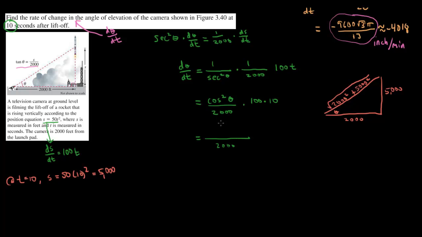Cosine is adjacent, which is 2,000, over the hypotenuse, which is the square root of 2,000 squared plus 5,000 squared. But it's not just plain cosine, it's cosine squared, times 100 times 10, so let's just say times 1,000.